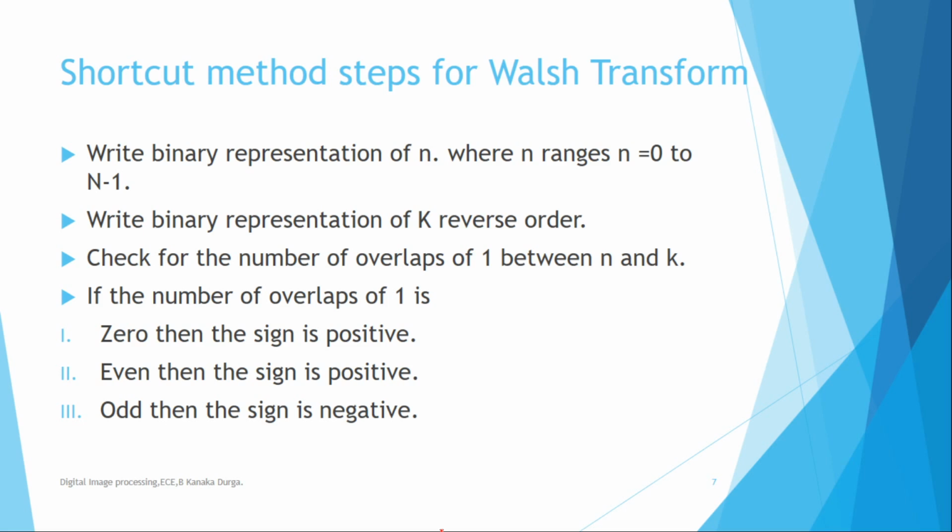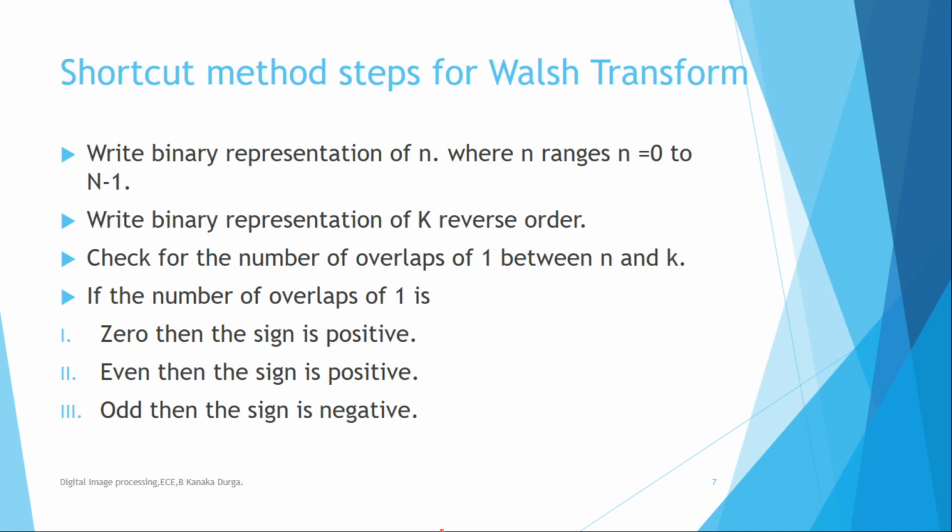The third step is to check the number of overlaps of 1s between n and k. We have to see how many times the 1s overlap between the values of n and k. If the number of overlaps is 0 times, you get a positive 1. If the number of overlaps is even, like 2 or 4, then also the value is plus 1.